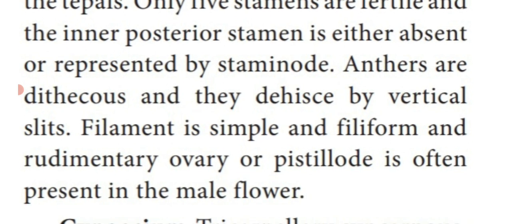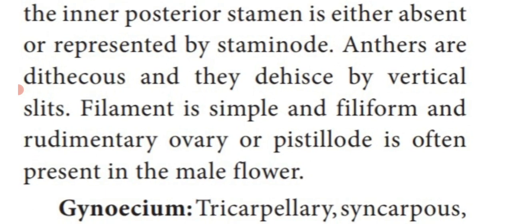The anthers have two lobes, dithecous, dehisced by a vertical slit. Filaments are simple, filiform, with hairy outgrowth. In the male flower, a shortened gynoecium is present, that is pistillode, or rudimentary ovary, often present in the male flower.